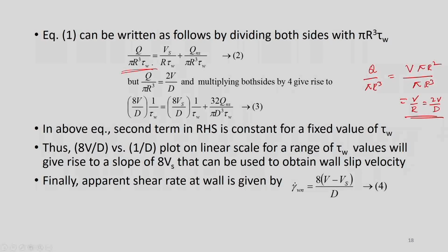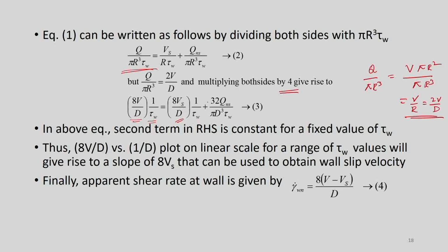This is what we can write here, and then multiply both sides by 4. So, on the left hand side in place of q by pi r cube we have 2V by d multiplied by 4, that is 8V by d, and 1 by tau w is as it is. Here also you convert in terms of d. So, 2 Vs by d, and then we are multiplying by 4.